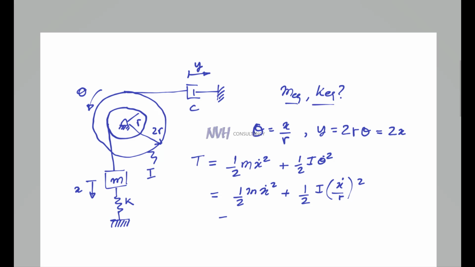Finally you can write this as equals to half (m plus I by r square) x dot square. So the bracket, m plus I by r square, will give us the equivalent mass of the system. So let's say this is MEQ.